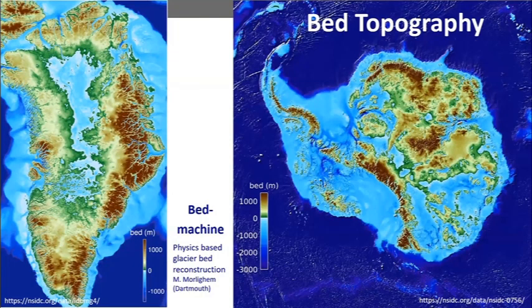The second user became Mathieu Morlighem, and when he was here at UCI, he had developed a method to take ice thickness measurements that were essentially flight lines, and in the past were more or less crudely interpolated together to have a map of the bed underneath the ice shelf. And he said, we can do better. We know some of the physical principles involved.